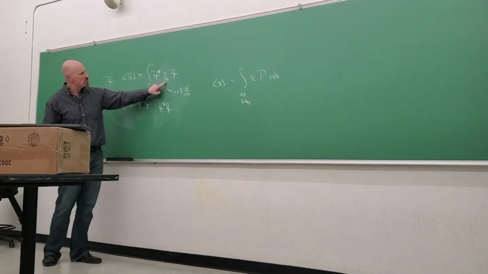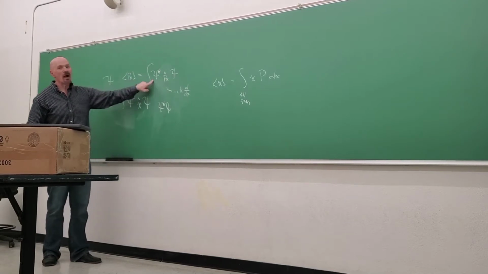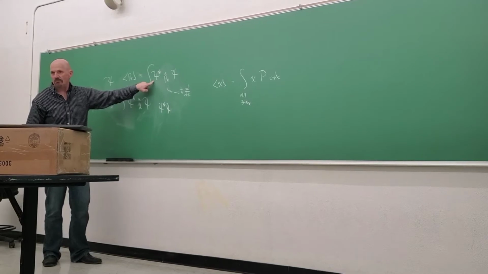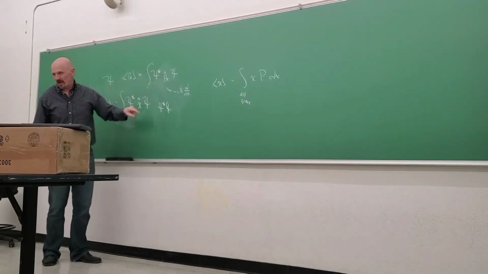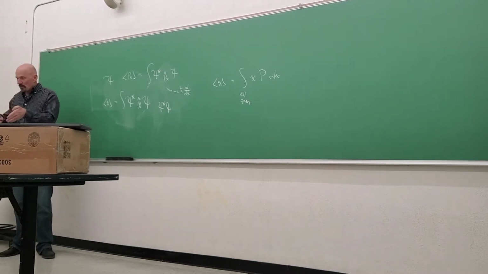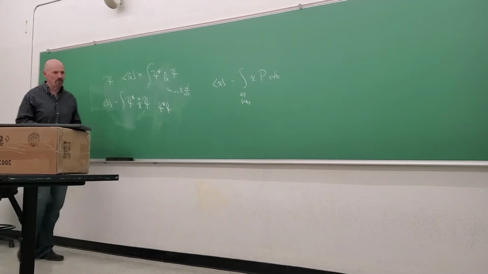You operate to the right, then multiply by the complex conjugate. If the wave function happens to be real, then there is no complex conjugate; you just multiply by another one. Then integrate. It has to be in that order. So that's how the averages differ from classical systems to quantum systems. I wanted to make that point.